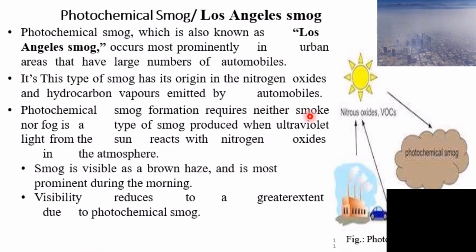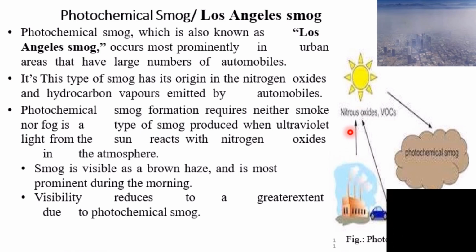I told you there are some cities, which we have seen: Los Angeles, Delhi. Los Angeles smog occurs most prominently in urban areas that have a large number of automobiles. This type of smog has its origin in nitrogen oxides and hydrocarbon vapors. We have already discussed in detail how this reaction happens.